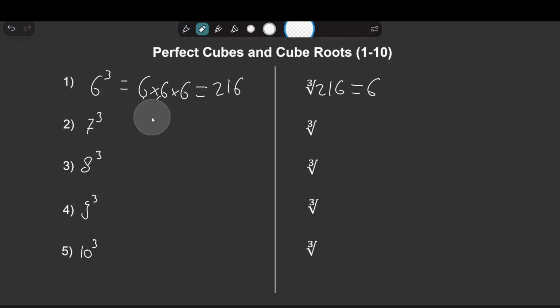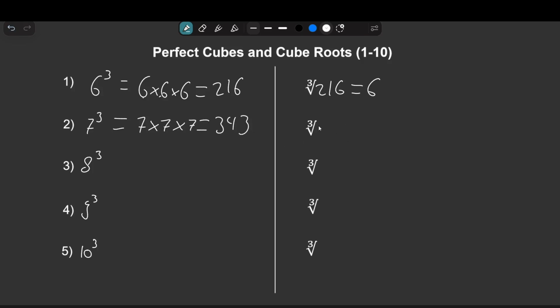So now let's go over to the next one. 7 cubed is 7 times 7 times 7, and this will equal 343. Now, we also know that the cube root of 343 equals 7. Now, I don't think I need to explain to you anymore.